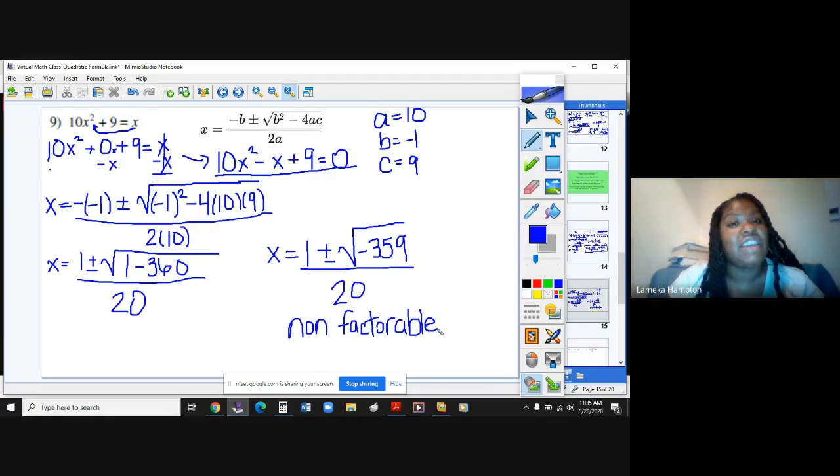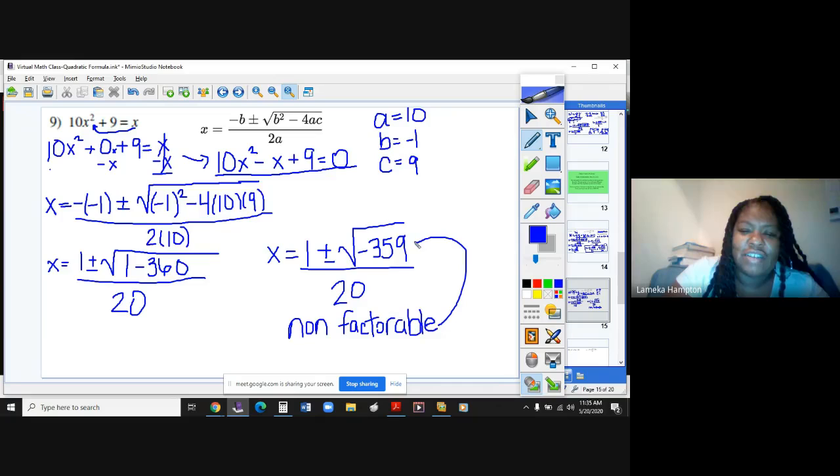Just know that you technically can, but for all intents and purposes of this class, you ain't got to worry about it. Okay. So it is non-factorable because I cannot take the square root of a negative number. I can't do it. Okay. So that would be my answer, is non-factorable.